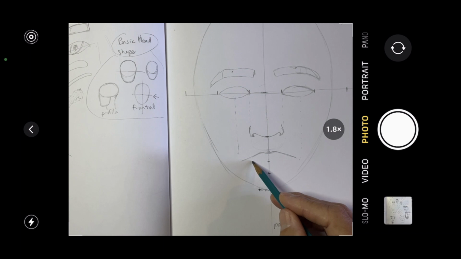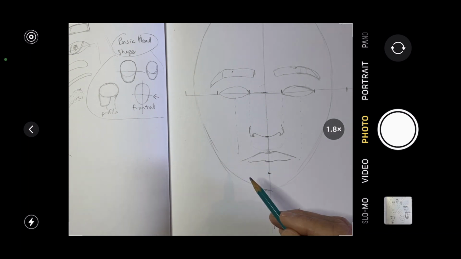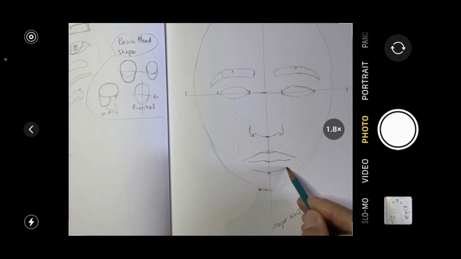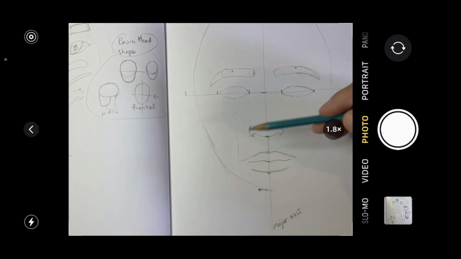All right, then repeat, but stretch it out more. So I got a little bit of bump right there, the middle of the lip, and then the lower part. All right, and there's that relationship once again, middle of eye to corners of mouth.